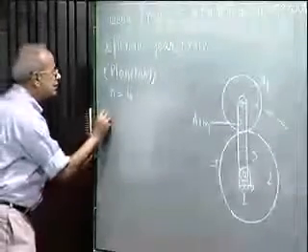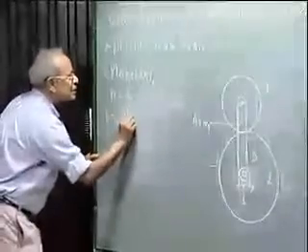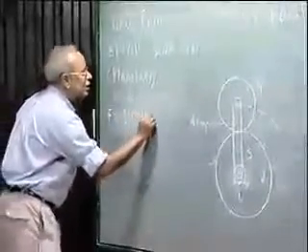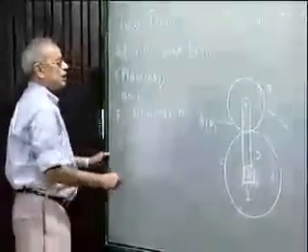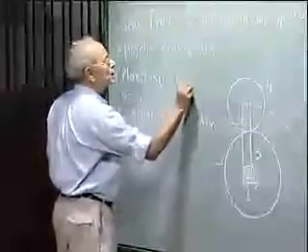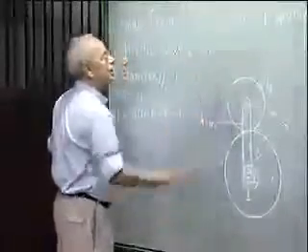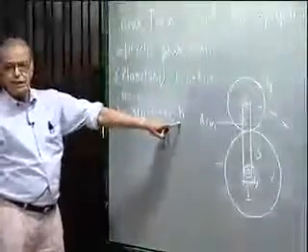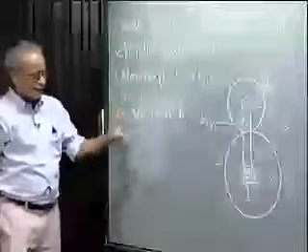If you remember, degree of freedom F can be obtained from 3(n minus 1) minus 2j minus h, where j is the equivalent number of simple hinges, that is j1 plus 2j2, and h is the number of higher pairs, n is the total number of links.